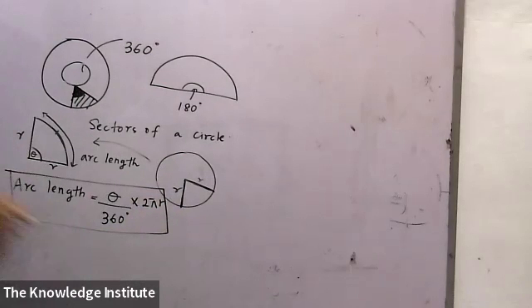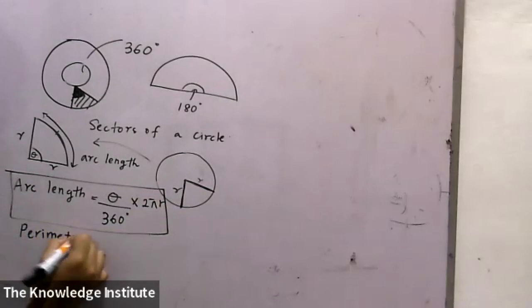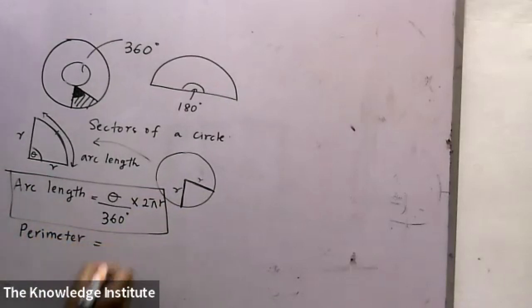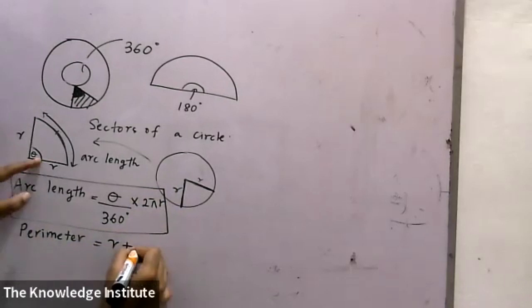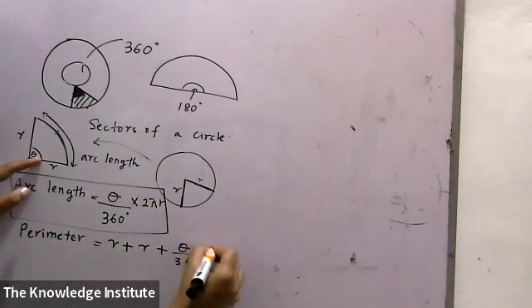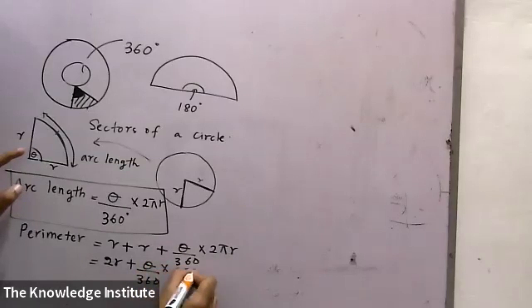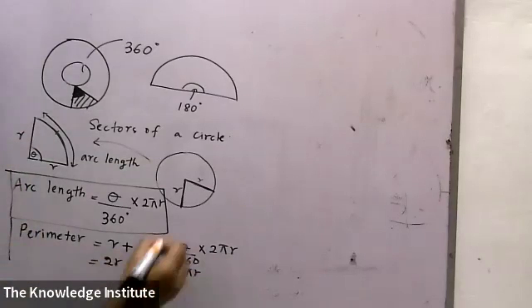Now, if you find the arc length, can you find the perimeter? You have to add the radius, another radius, then the arc length. Theta over 360 into 2 pi r. r plus r gives you 2r plus theta over 360 into 2 pi r. This will be the perimeter equation.